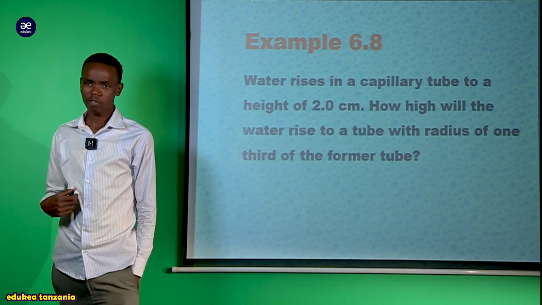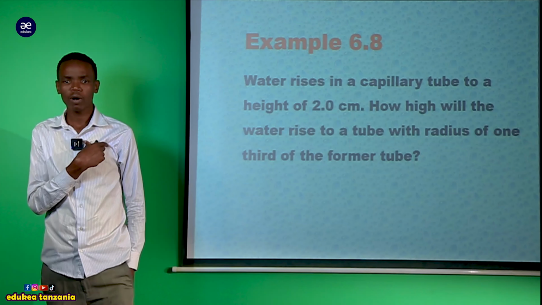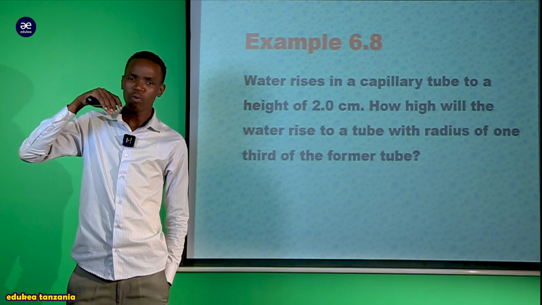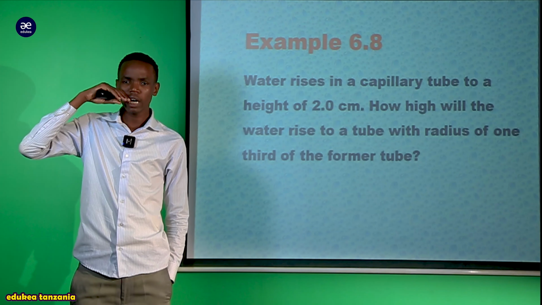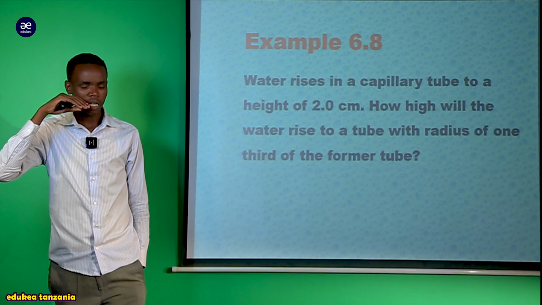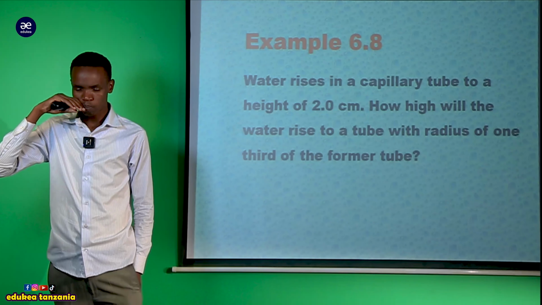So our question, as we try to look at it here, gives an example that we have a capillary tube, my dear student, containing an amount of water. The water initially rose to a height of 2.0 centimeter.